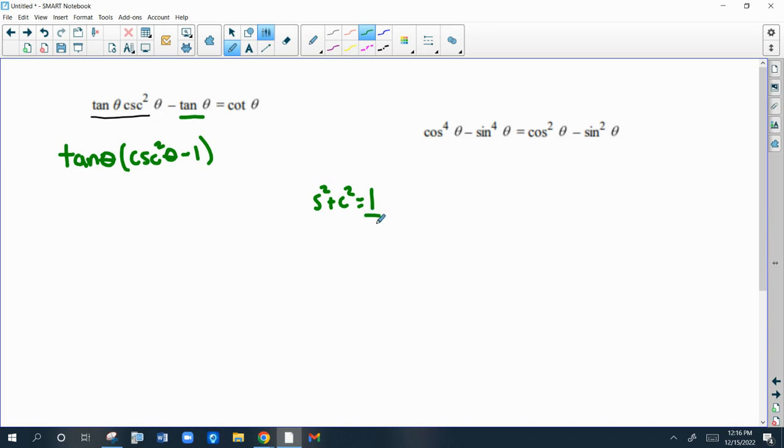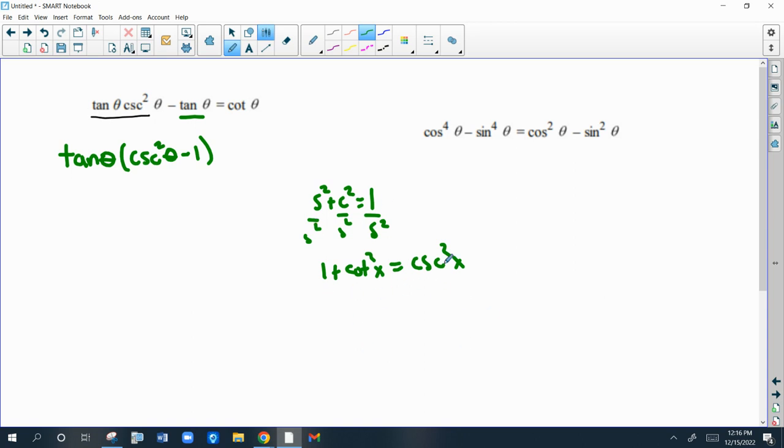Divide everything by sine squared. And that gives you 1 plus cosine over sine is cotangent, and 1 over sine is cosecant squared. So it's an easy way to get from the original Pythagorean identity to this one.